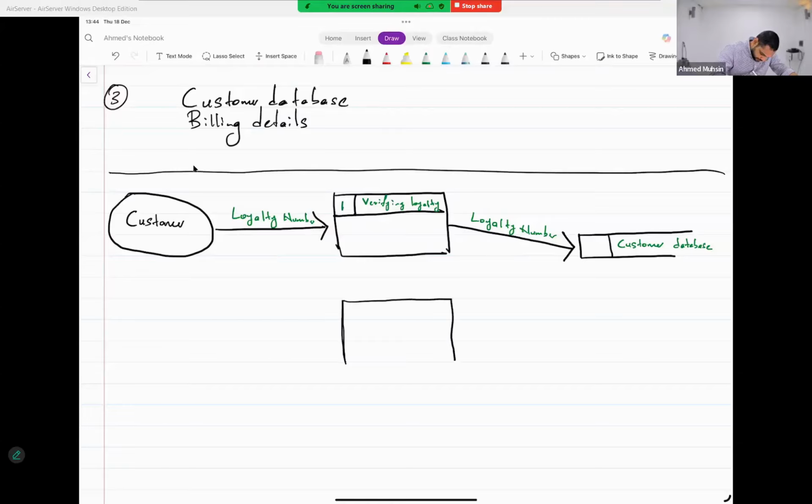Where do we get this data from? This data is all coming from our barcode reader. Barcode scanner.